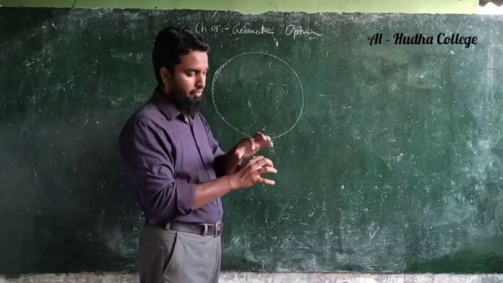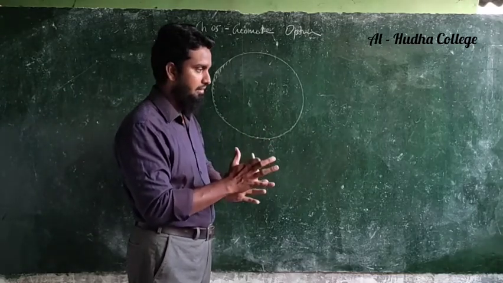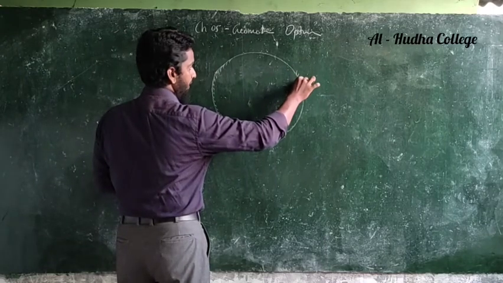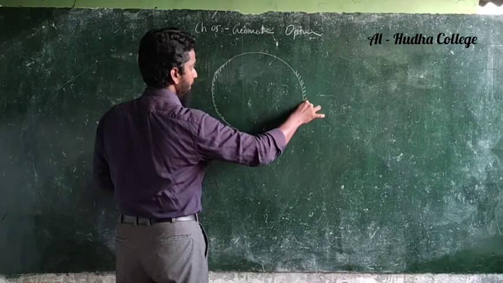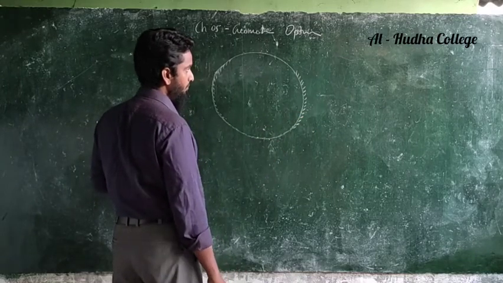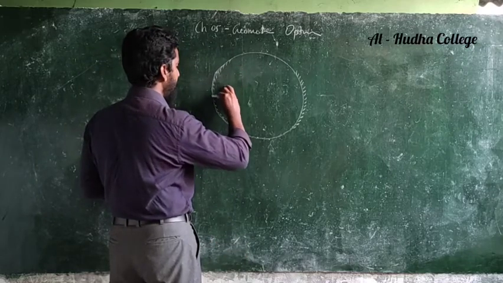We are going to apply the mercury inside the curve, and I am applying mercury outside the curve as well. Now think, this is the applied mercury.